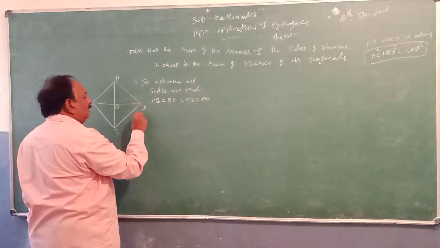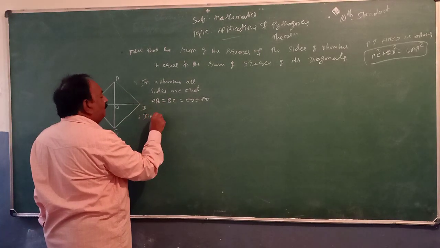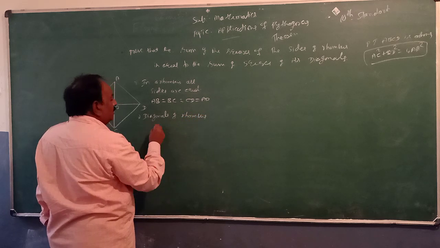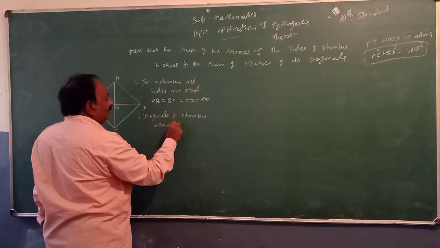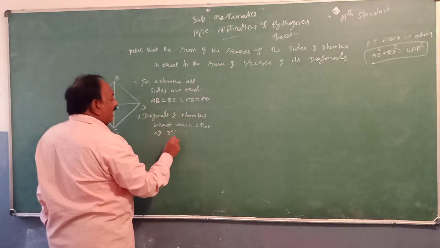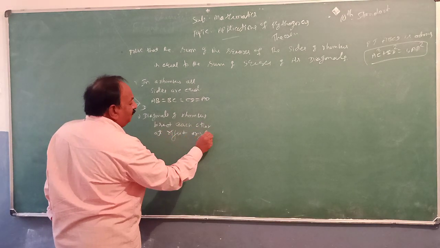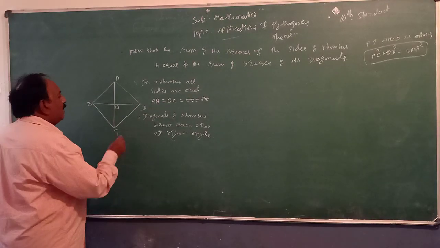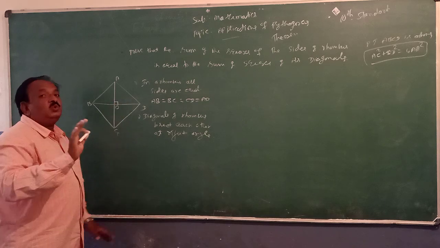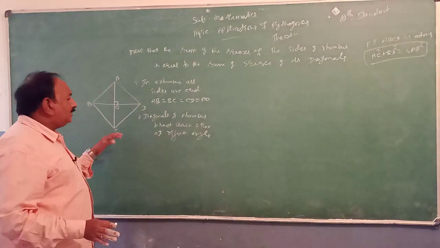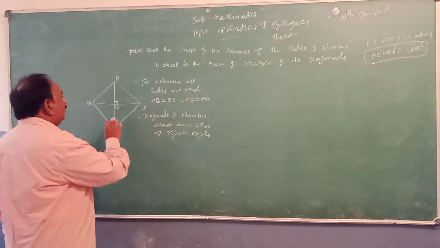Second property: diagonals of the rhombus bisect each other at right angle. This is a very important property I have written here. The diagonals of the rhombus bisect, meaning cut into two equal parts, each other at right angle.